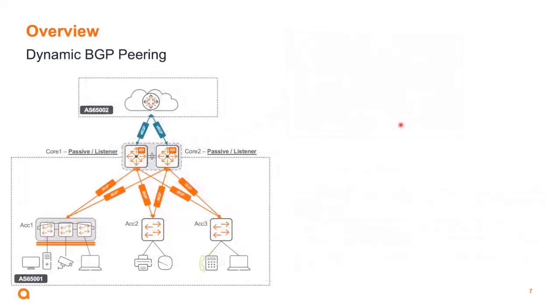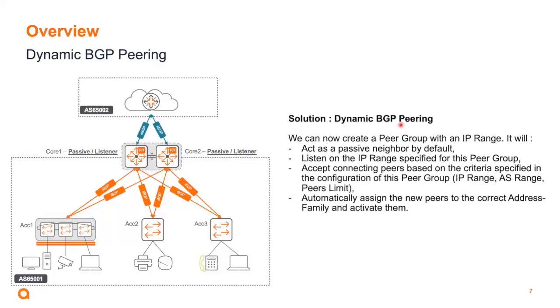Now with the new dynamic BGP peering feature, if we take the exact same network, we just need to create a peer group and associate an IP range to it. It will automatically start to listen to incoming connections from this IP range as a passive device. If a connection arrives, it will accept it based on the criteria that we have defined, configure this new neighbor as a member of this peer group, and put it in the corresponding address family.